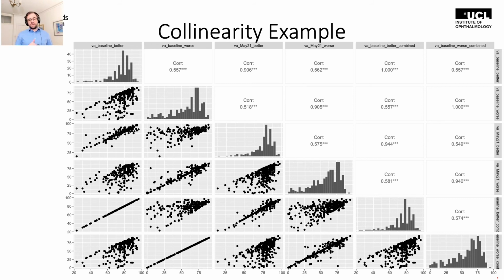When you can see a completely straight line, as you can see here, that's basically collinear. So that variable and that variable are completely collinear, and so are this variable and that one. So if you put those in the model, it's not going to work very well, as I'm going to show you.